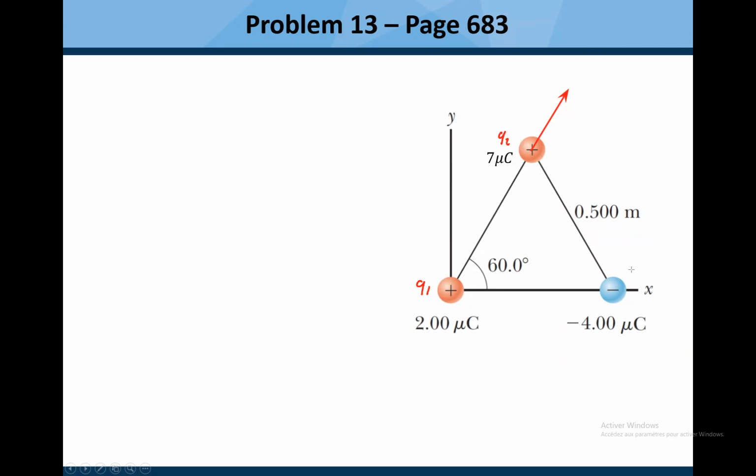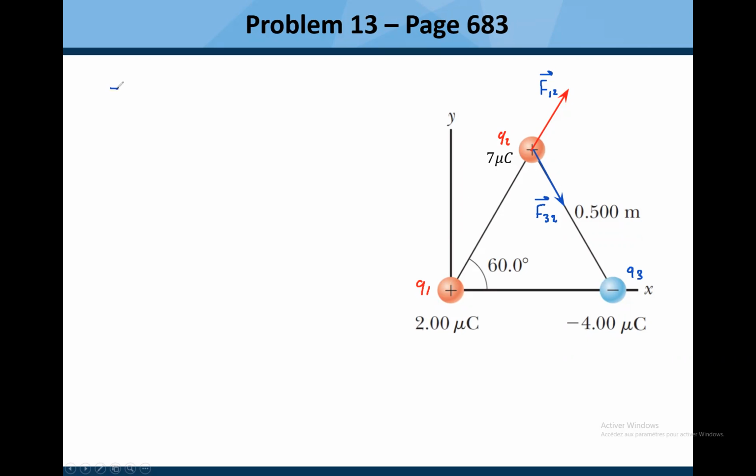Q2 and Q3 have opposite charges, so F32 must be inward. Here we have F12 and here we have F32. This is Q3.